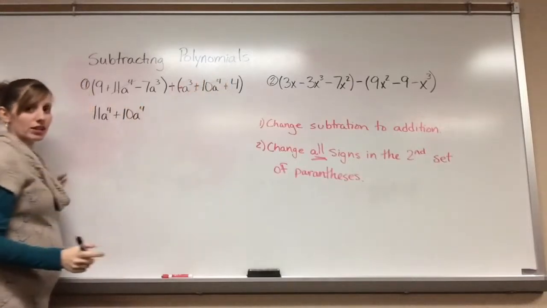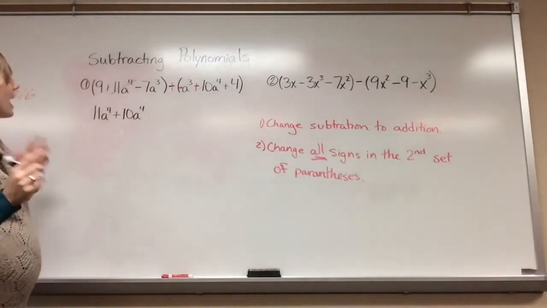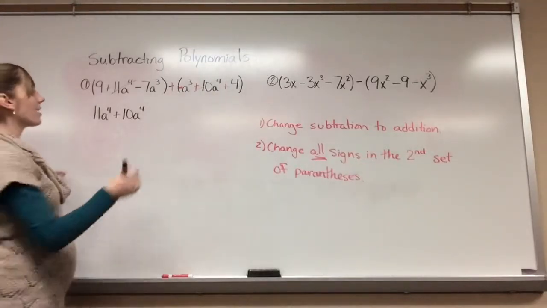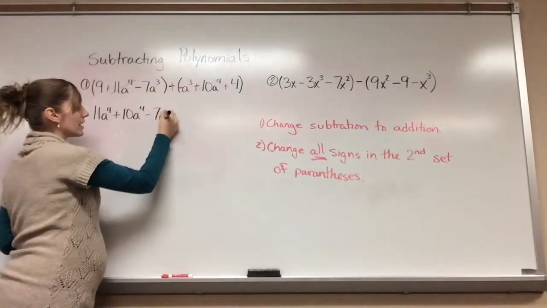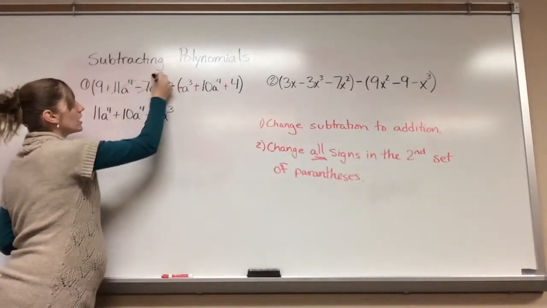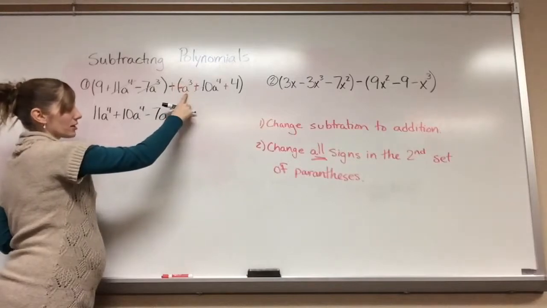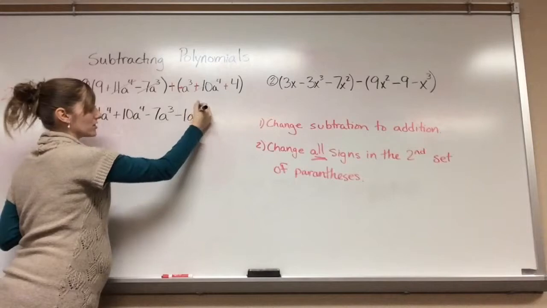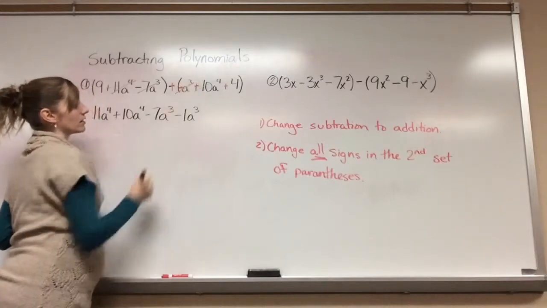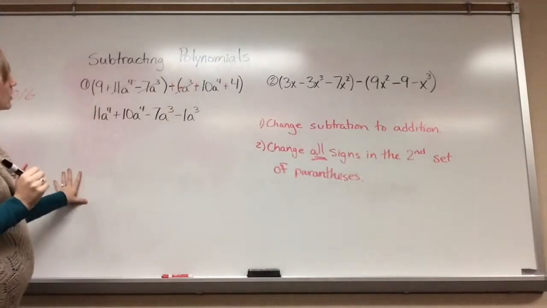Use the sign that you changed it to. After that, we have a to the 3rd power, so this is a minus 7a to the 3rd. This is also a to the 3rd power. Okay, so I'm going to write that as minus 1a to the 3rd. Those cancel.